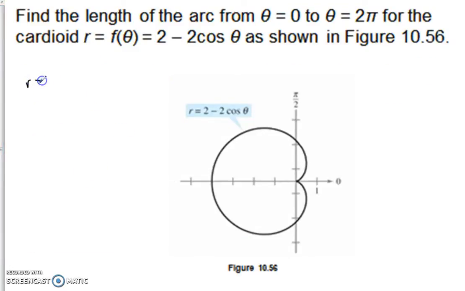So r is equal to 2 minus 2 cosine theta.